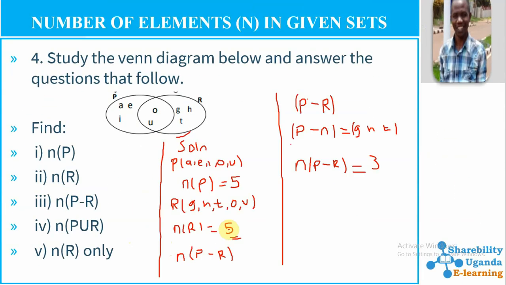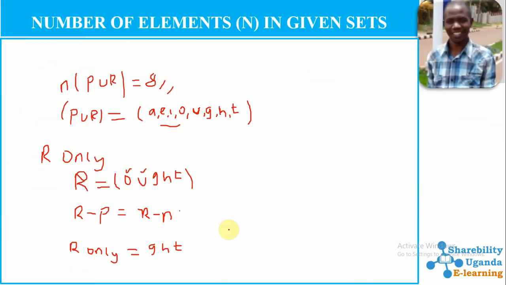Now let's look at another question. Here they now wanted the number of R only. Okay, let me write it here. They wanted the number of R only. Then here we shall be able to count them. How many are they? They add up to 3.